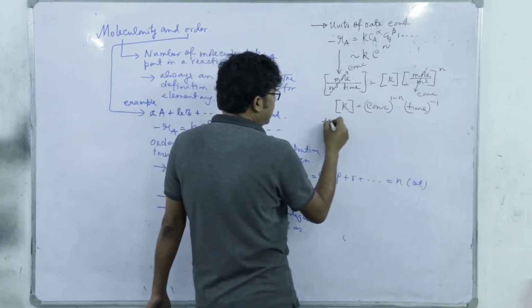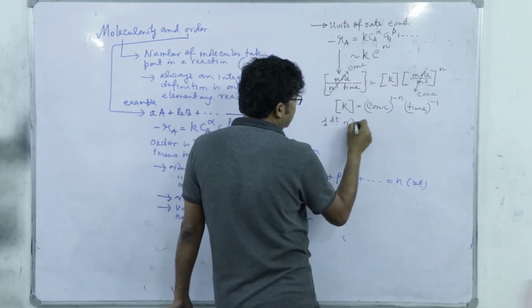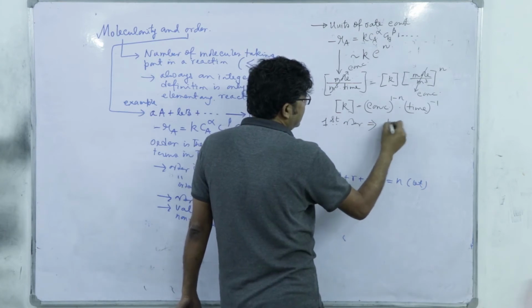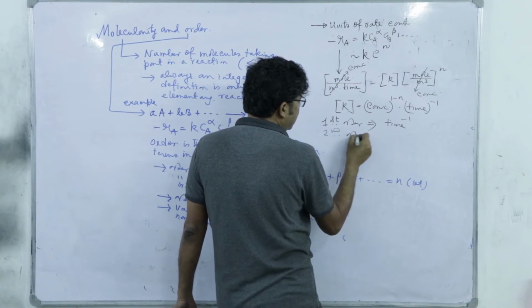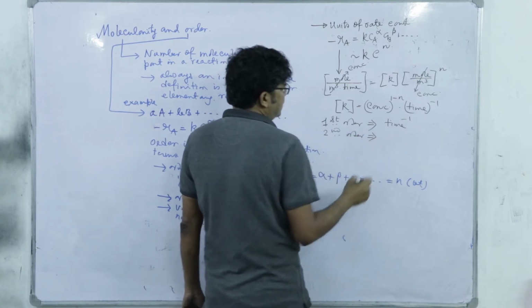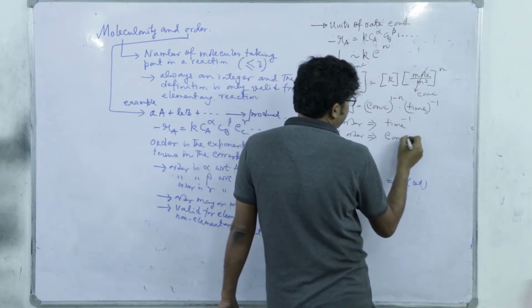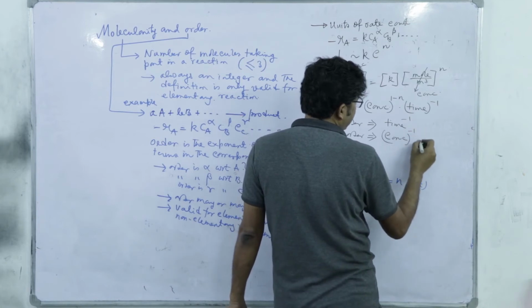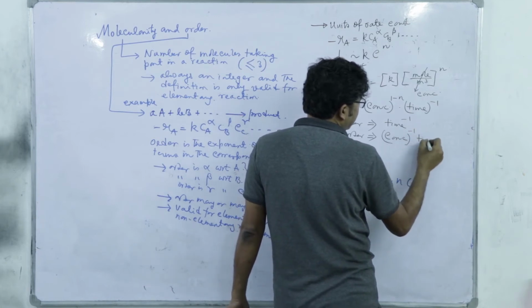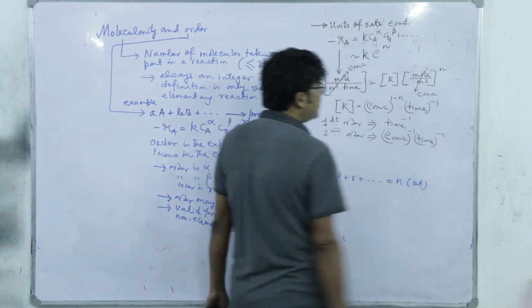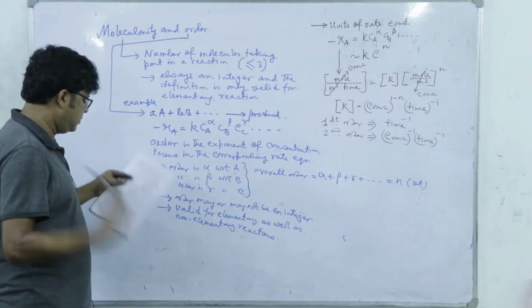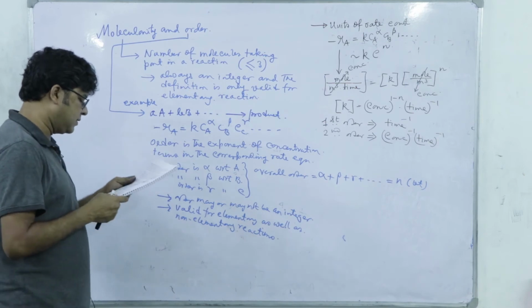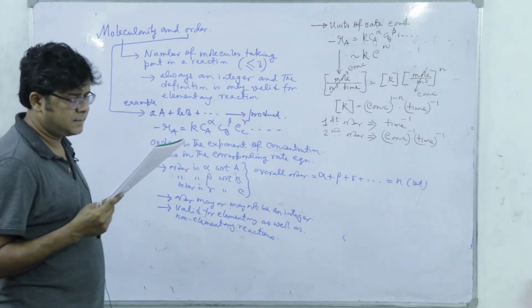So, first order it is only time inverse, second order it is just like concentration to the power minus 1 time to the power minus 1. And similarly we can find out the third, fourth order terms, right.